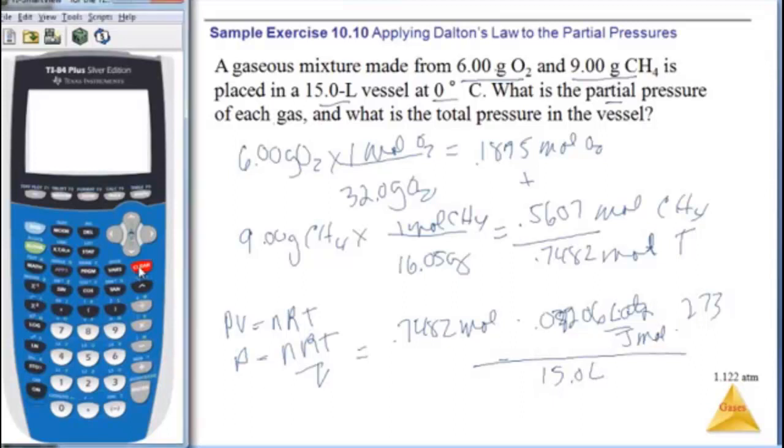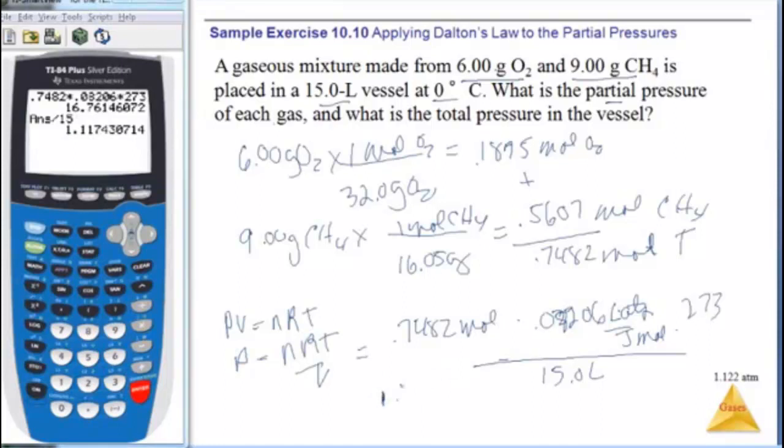And if I punch that, 0.7482 times 0.08206, which is my R, times 273, divide by 15 liters, and I get 1.1. Now I want to look at the sig figs here. I've got 3, 3, 3, so I want 1.12 atm total pressure.